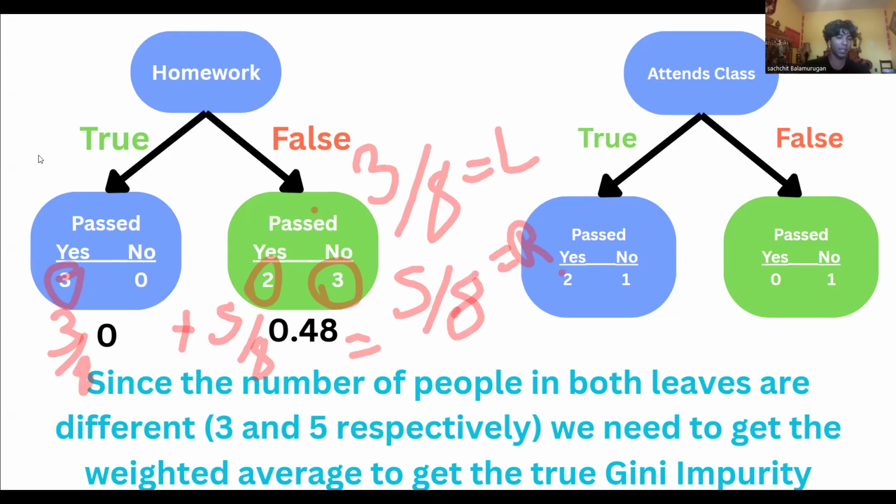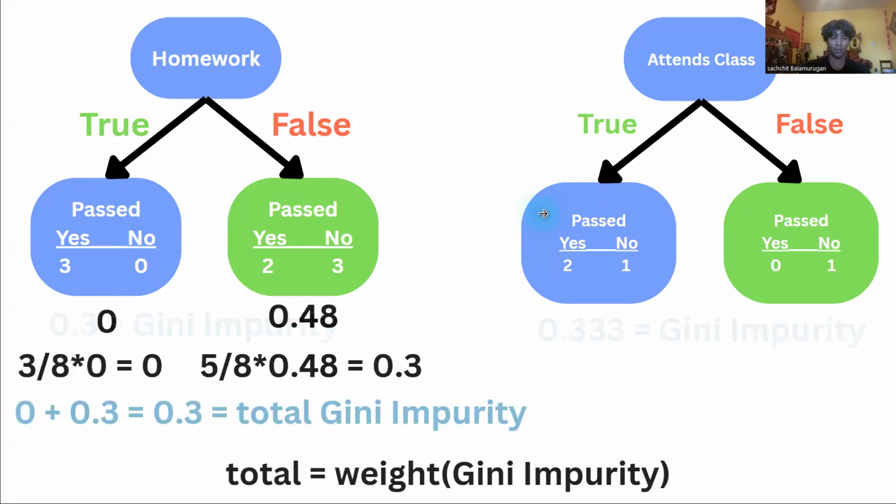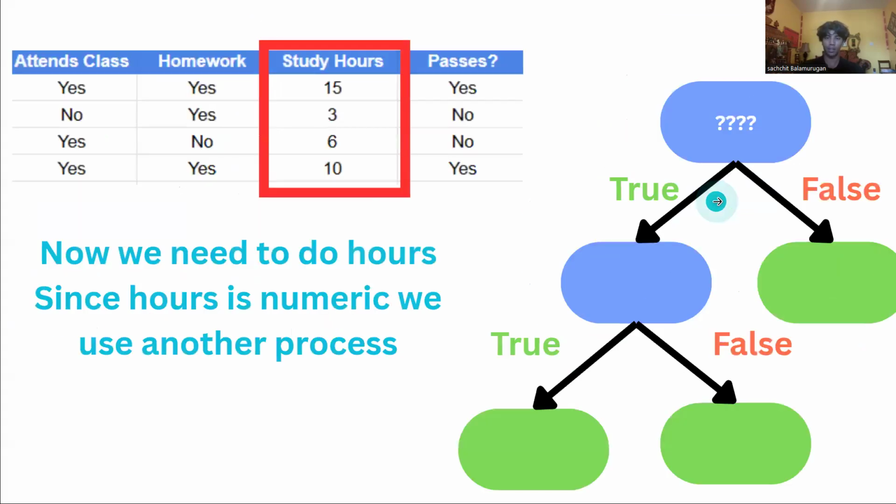That's how you get the total Gini impurity for that branch, and that is 0.3. Now we have 0.3 and 0.33. What's the lower value? 0.3. So this is going to be higher up on the branch, like the main branch.